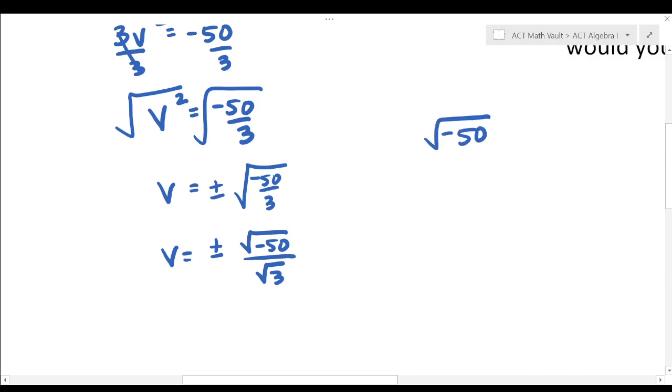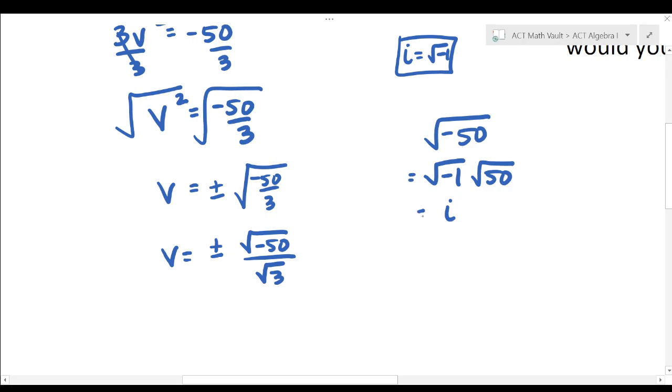So when I have a negative underneath the square root, I know that imaginary numbers are going to be involved. Here's what I recommend. Take out the negative 1, extract the i. Remember, i is equal to square root of negative 1. Take out the negative 1, what's left? 50. And because that square root of negative 1 is i, I'm going to just insert it right there.